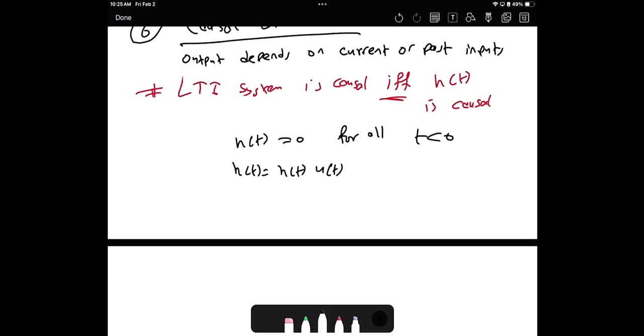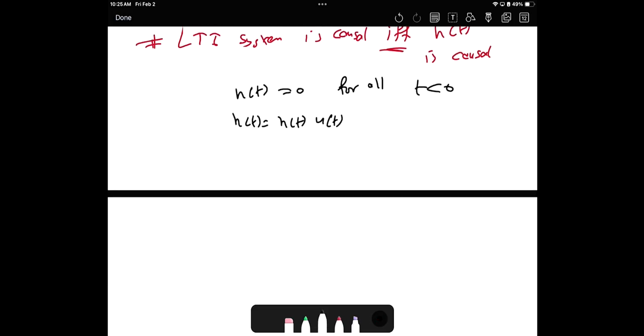So in other words, when we have the convolution, y of t equals h of t convolved with x of t, we will say causal convolved with causal will make the output causal as well.